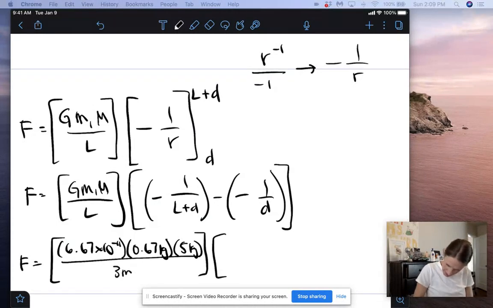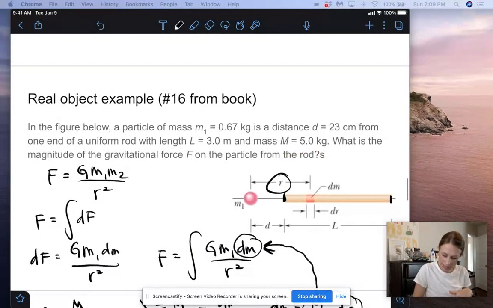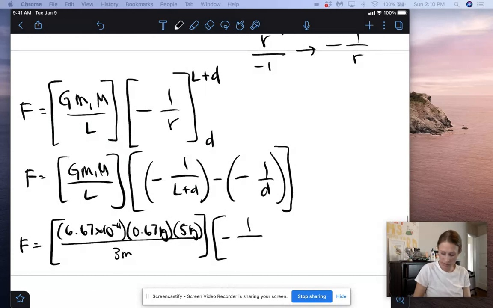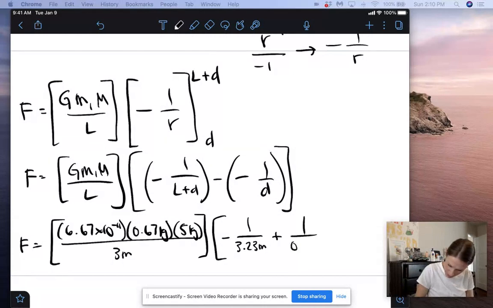Then this ends up being negative 1 over big L, 3 meters, plus our d distance, 23 centimeters, so 3.23 meters, plus 1 over d, which was again 23 centimeters, but we want that in meters.